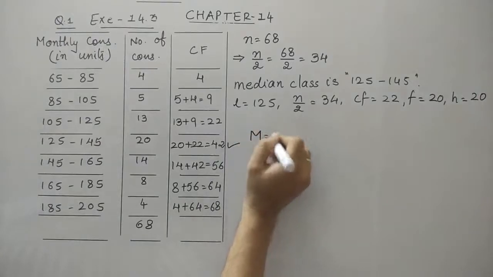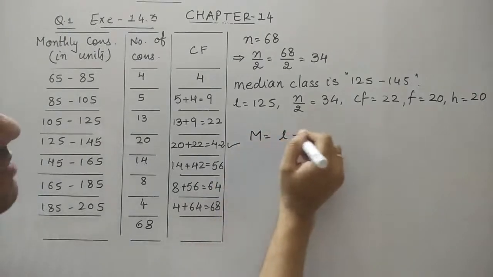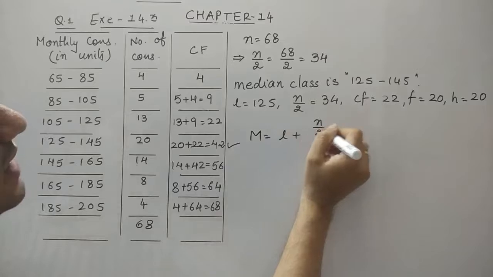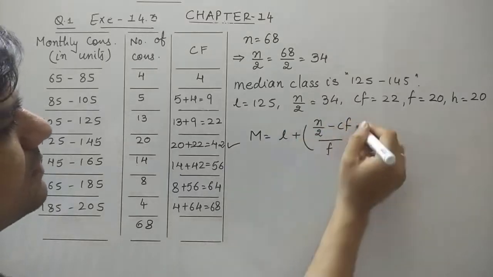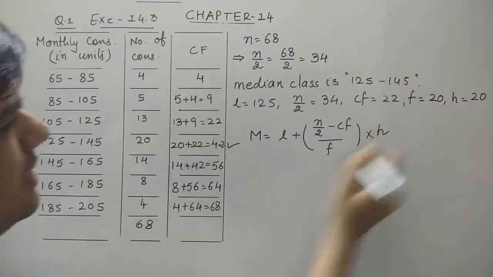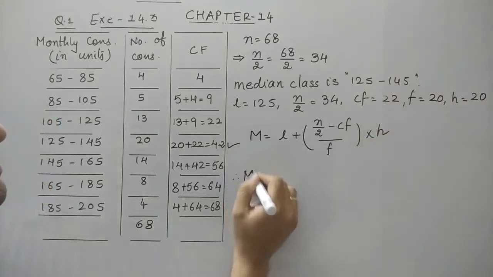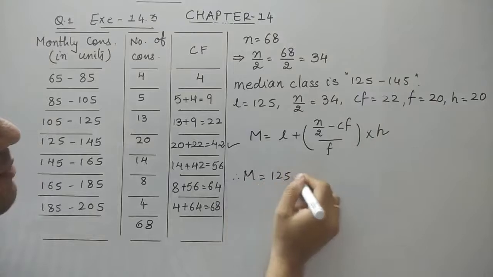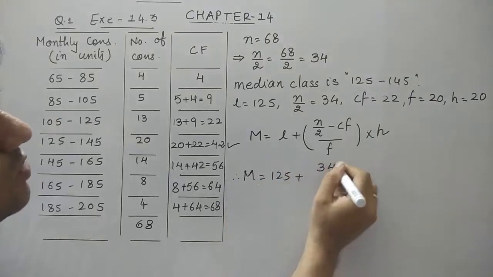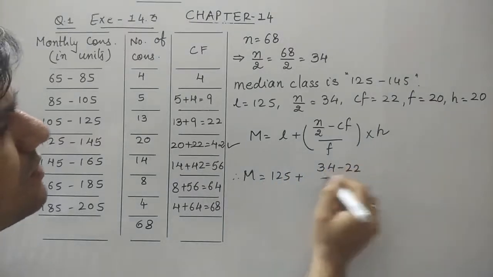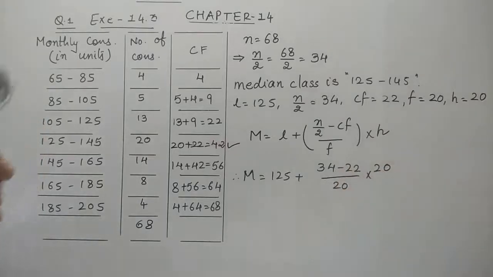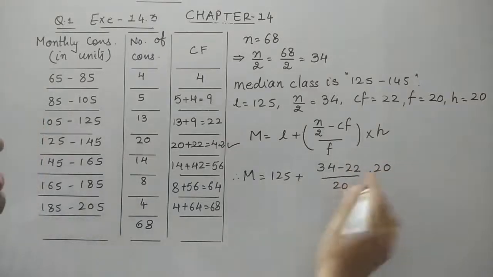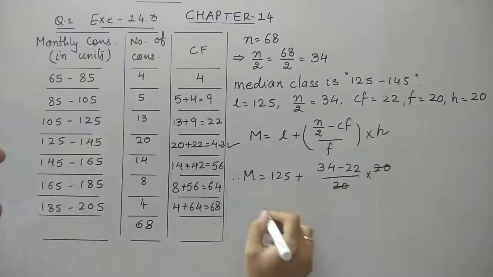So let us substitute the values. First we write the formula: L plus N upon 2 minus CF upon F into H. Let us substitute the values here. L is 125 plus N upon 2 minus CF upon F into H. So we can see here these both the values are same, we can directly cancel them.